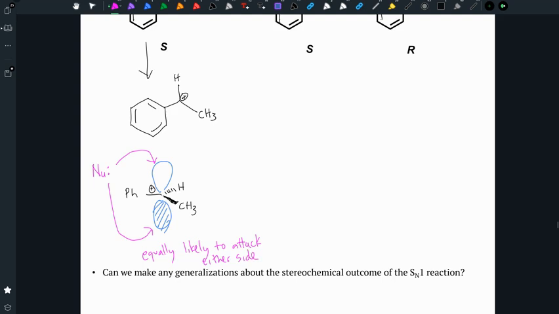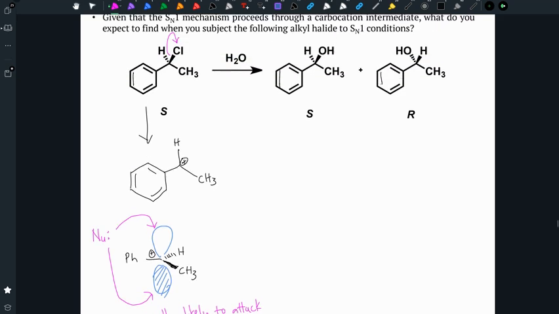Because of that, unlike an SN2 reaction that always leads to inversion of stereochemistry, here we're going to see a mixture of stereochemistries in the product. So if you attack above, you can make one product. You attack below, you make the other product.